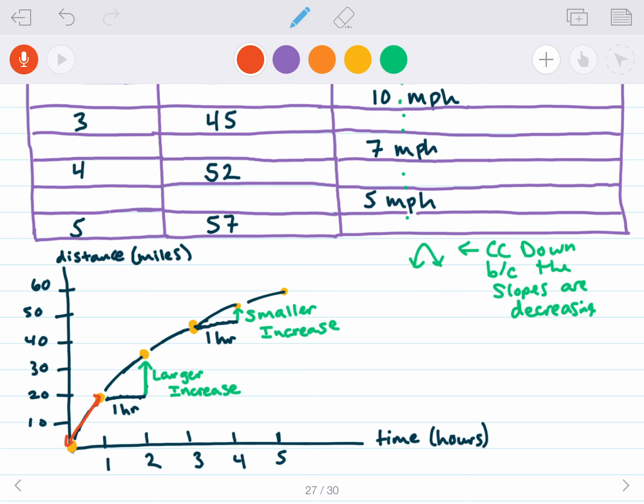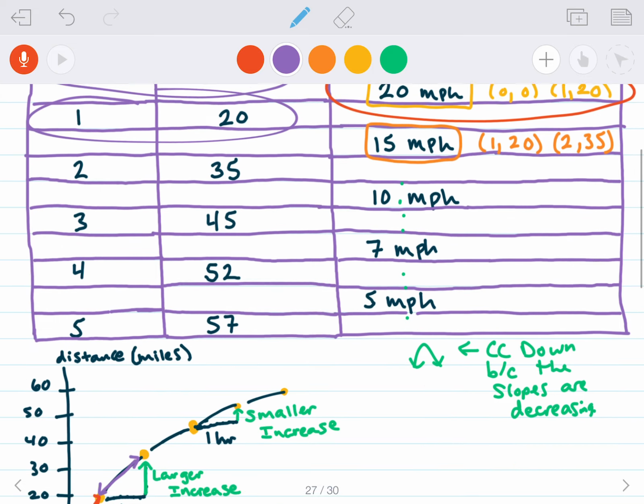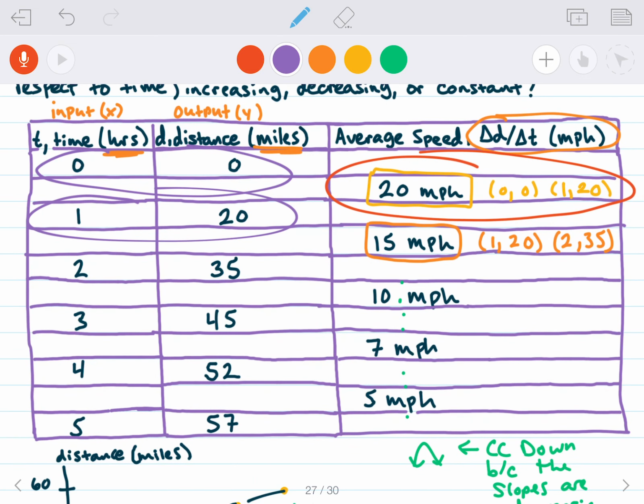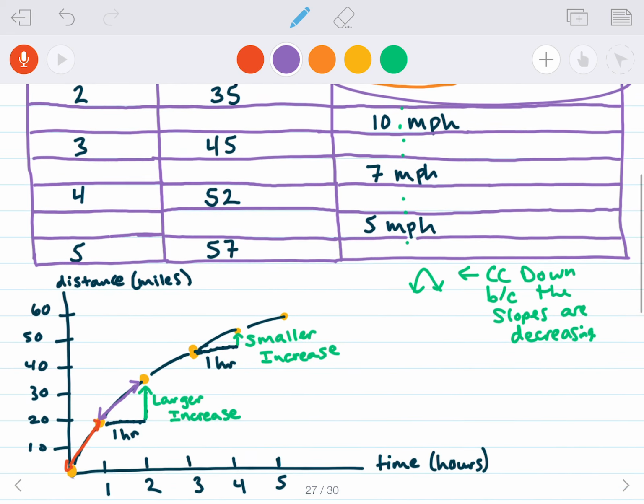We find that slope, and then we start to slow down. So from 1 hour to 2 hours, we start to slow down, and we can see that with our data here. Our average speed between 1 hour and 2 hours is now 15 miles per hour. So yes, we're still moving forward. We're still gaining miles, as we can see by the increasing function, but we're slowing down, right?